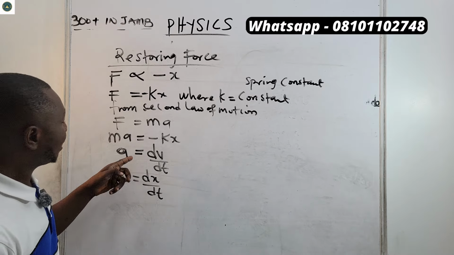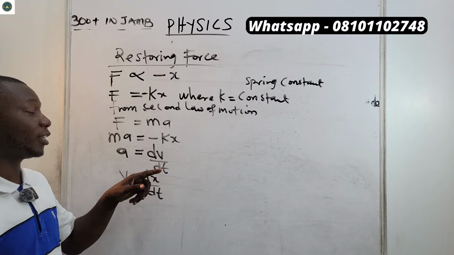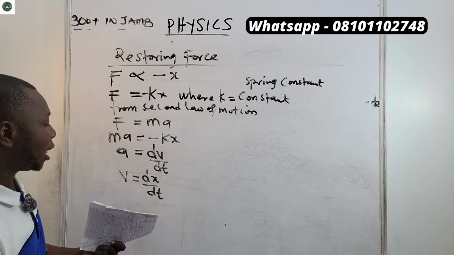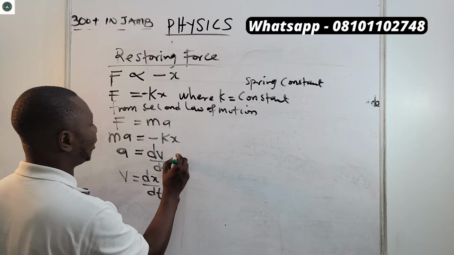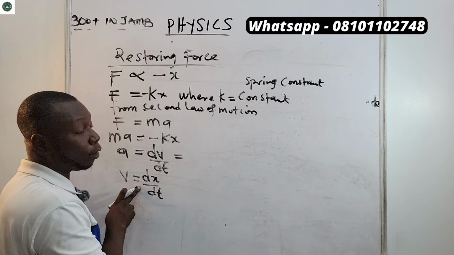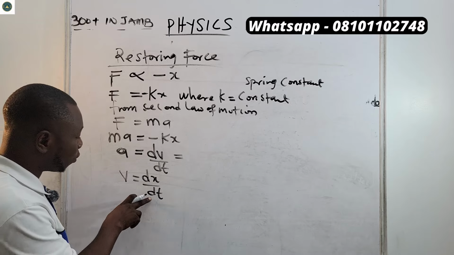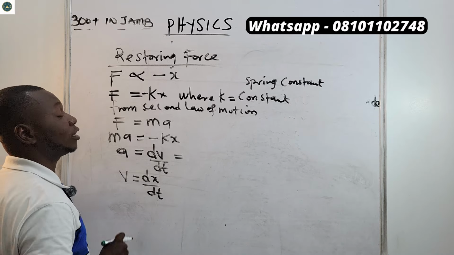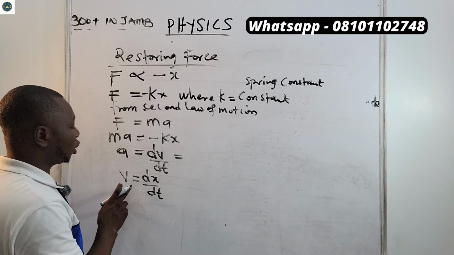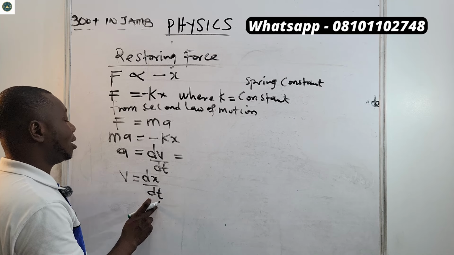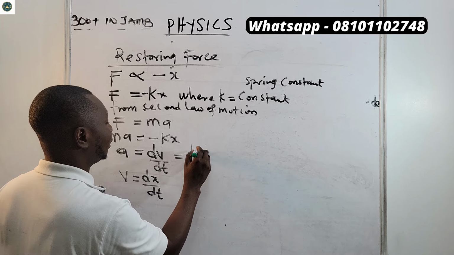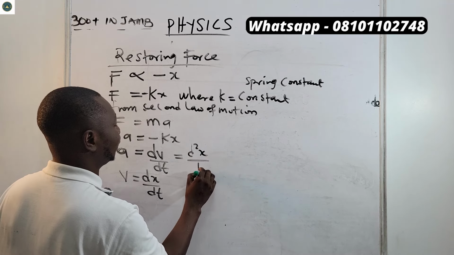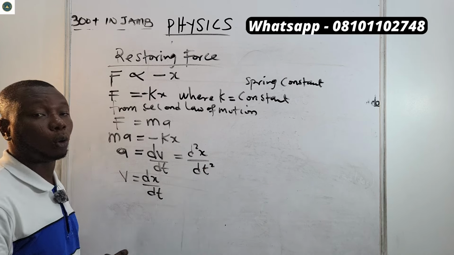Now, change in velocity per unit time will also give rise to what? Acceleration. So since v equals dx/dt, definitely we can have d²x/dt² in the second order.